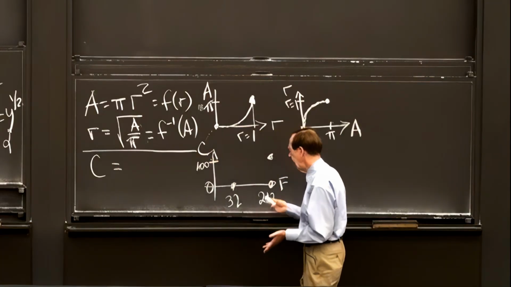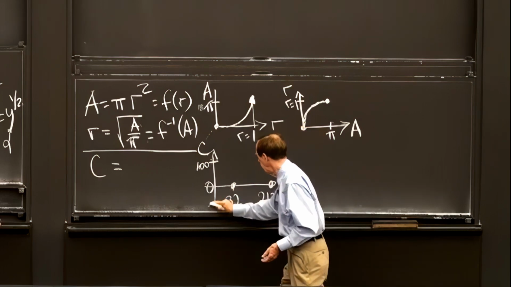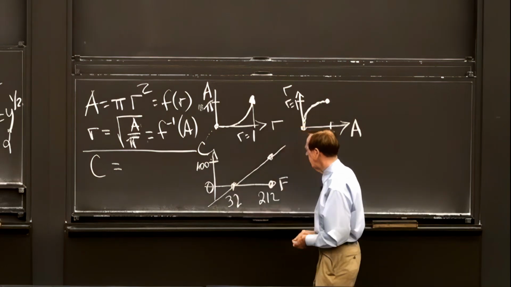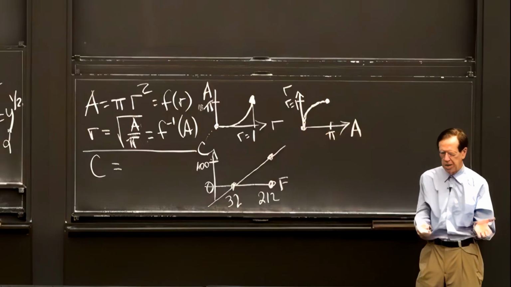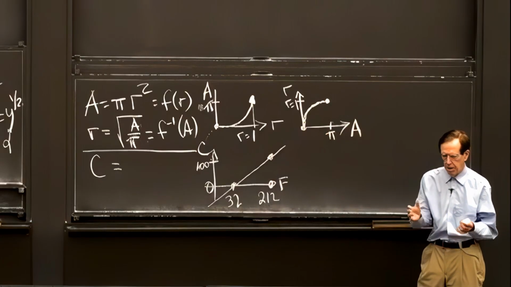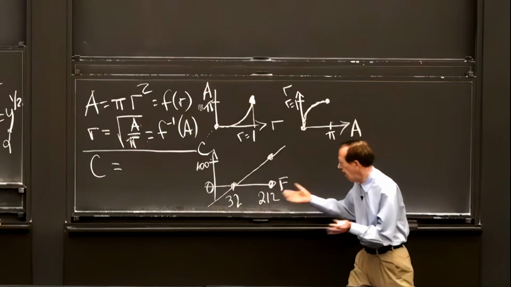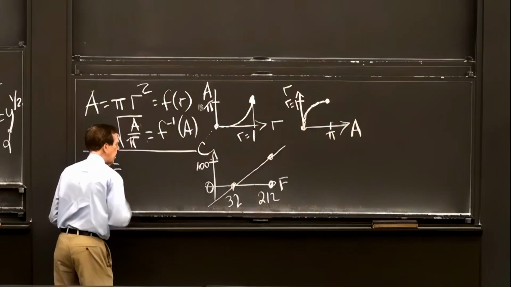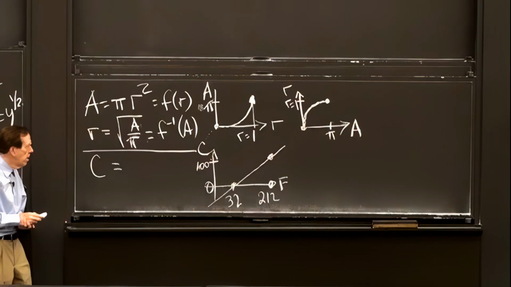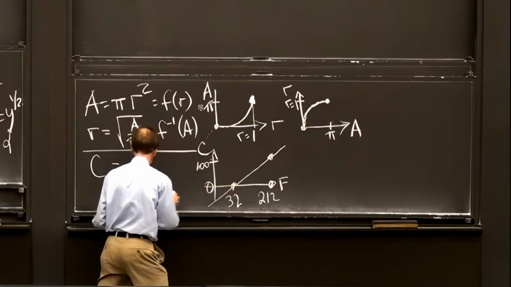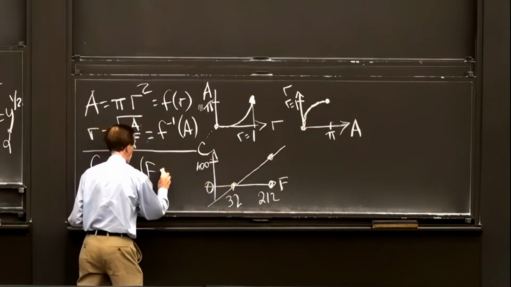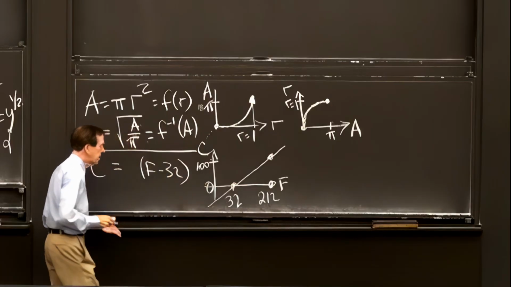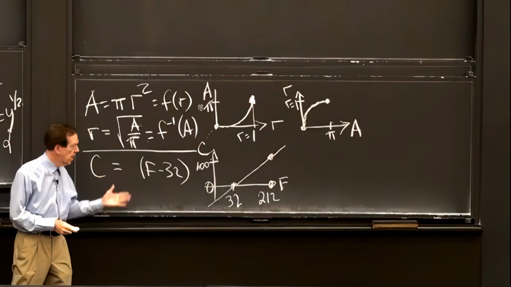And then, actually, the graph is just a straight line. In fact, let's find the formula. What's the equation for that line? So I take F and I subtract 32. That gets me at the right start, the right freezing point.